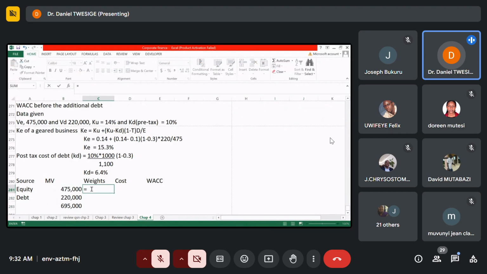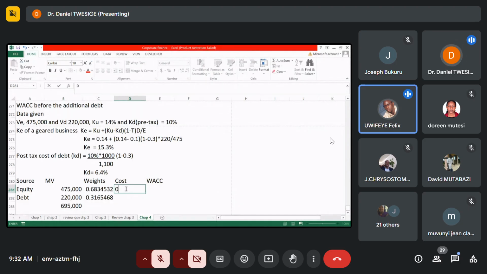The weight is this divided by this. The cost here is 0.153 and 0.064.